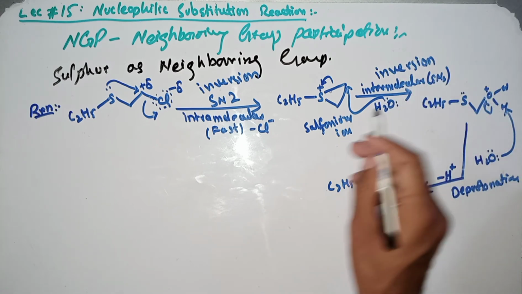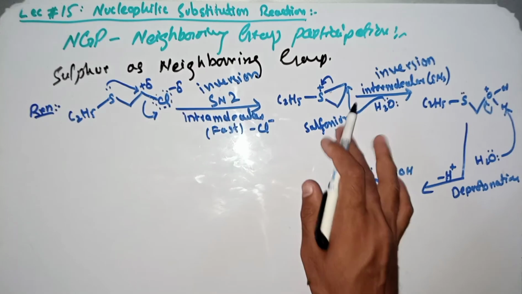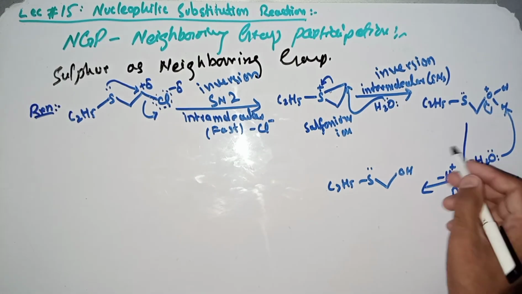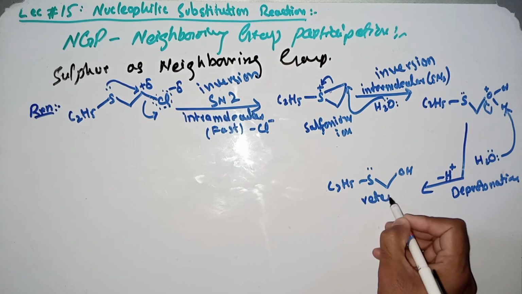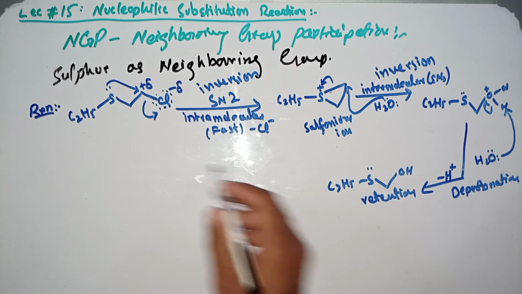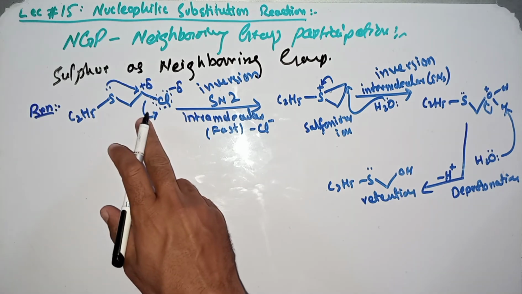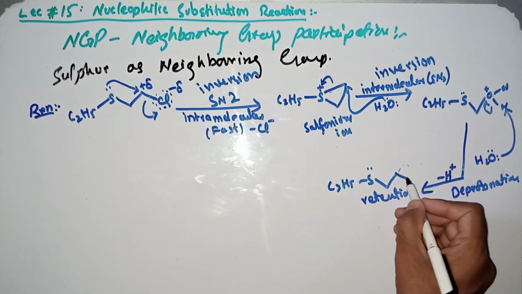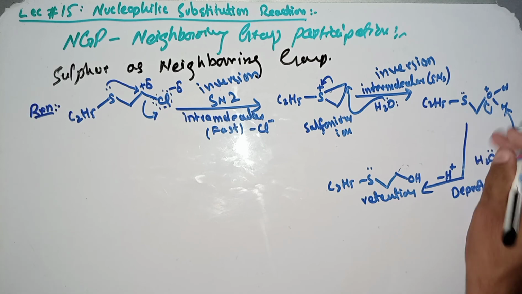While we know that when two inversions occur, the final product will be the retention product, at the original position of the original reactant. It will be retention because from this side it will be like this, OH.